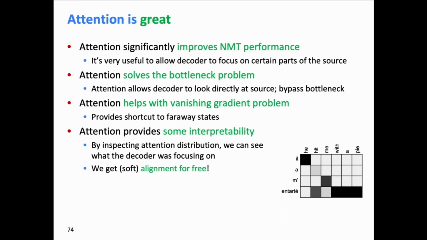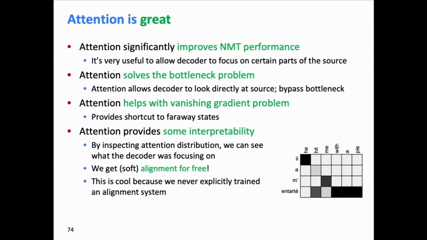So this means that we're getting alignment for free. And the reason I say for free is because when you remember the SMT systems, the whole point there is that you had to learn an alignment system deliberately and separately. You had to define the notion of alignment, you had to define the model of calculating what the probability of different alignments were, and train it. Whereas here, we never told the NMT system about alignment. We never explicitly trained an alignment system.